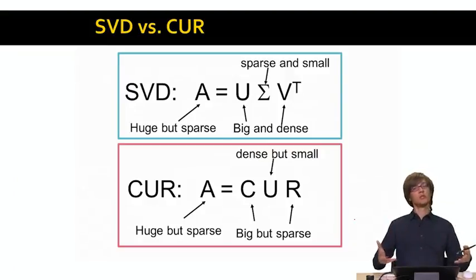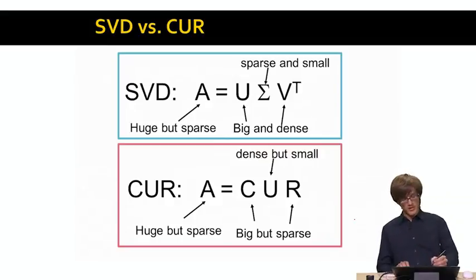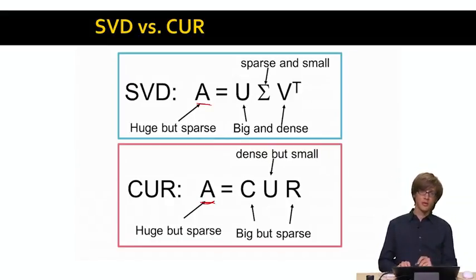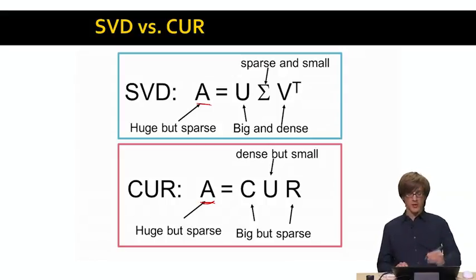So how do CUR and SVD compare to each other? In both cases, we assume that matrix A is our given input data matrix, which is very big, and let's think of it as sparse, so it has lots of zeros in it. The way we thought about SVD was that we have matrices U and V. They are big but dense, and matrix sigma is sparse and very small.